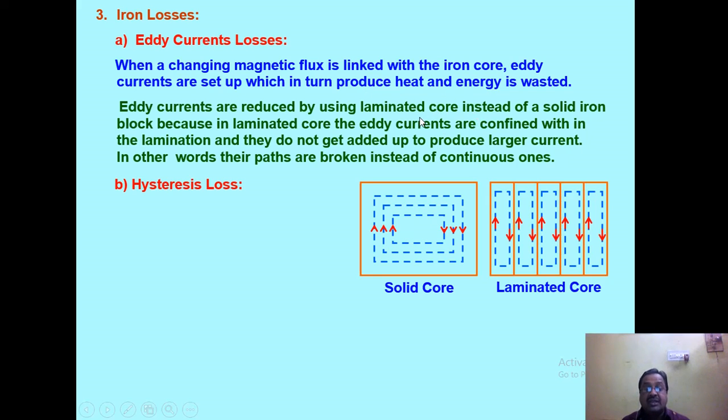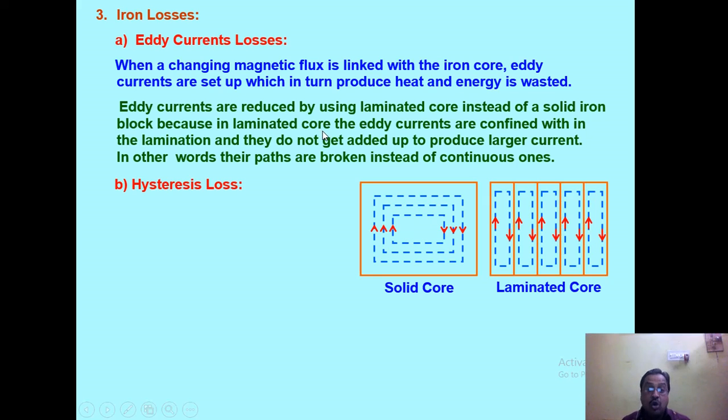Already we have discussed in the construction of a transformer, generally the core is taken in the form of laminations which are separated from each other by some insulating layer, right? So using a laminated core instead of a solid iron core, we can generally reduce it.